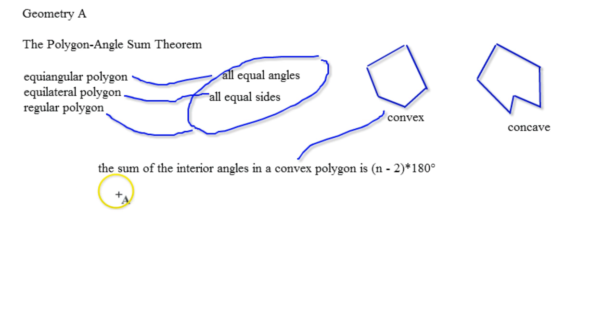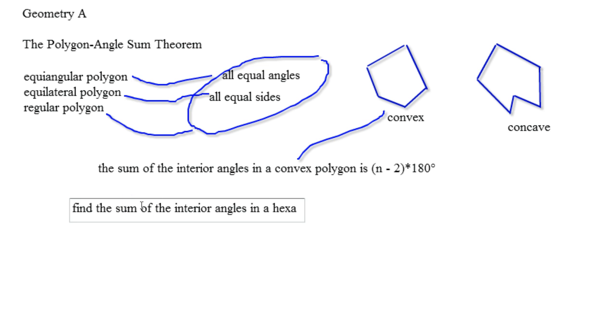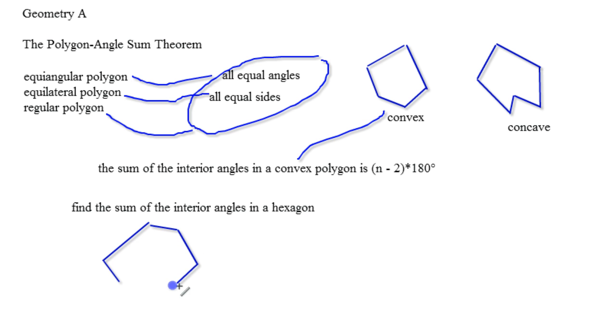So, for example, the sum of interior angles in a convex polygon is that many degrees times the number of sides minus 2. Find the sum of the interior angles in a hexagon. A hexagon has 6 sides.